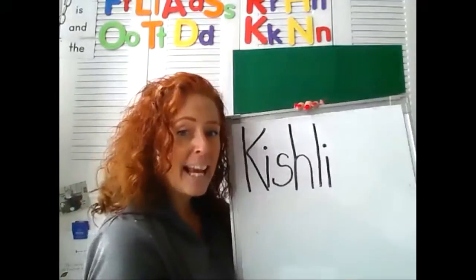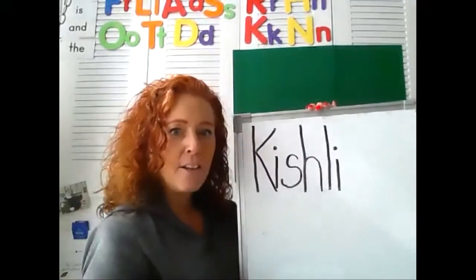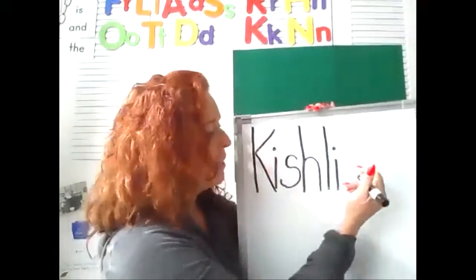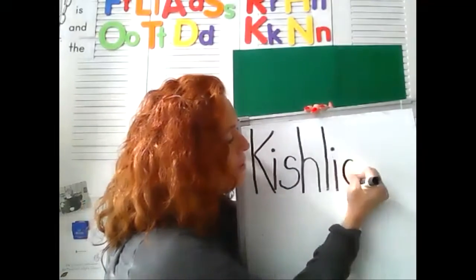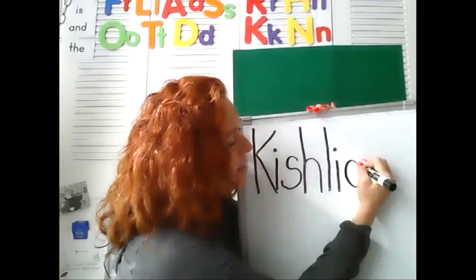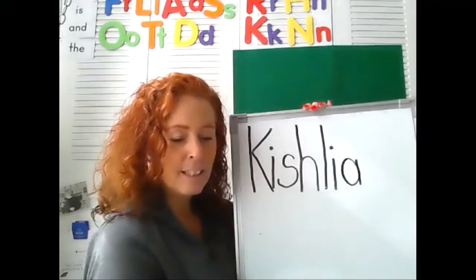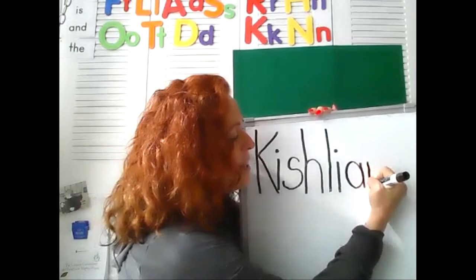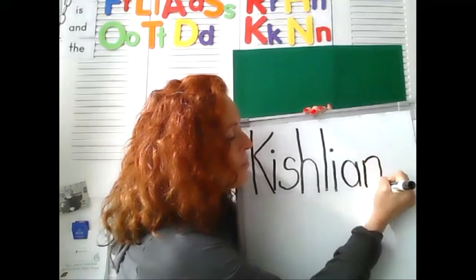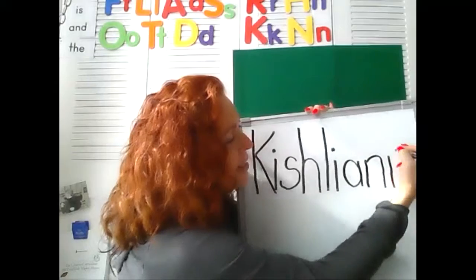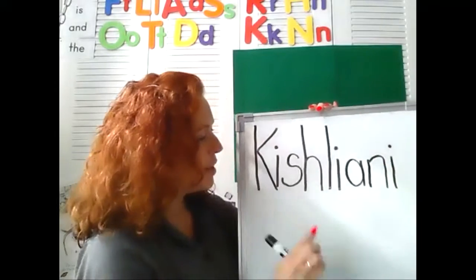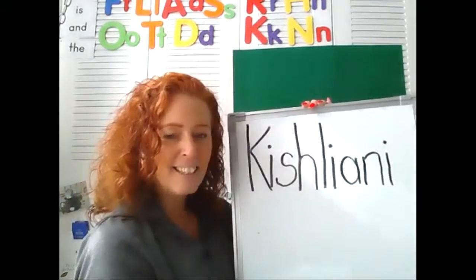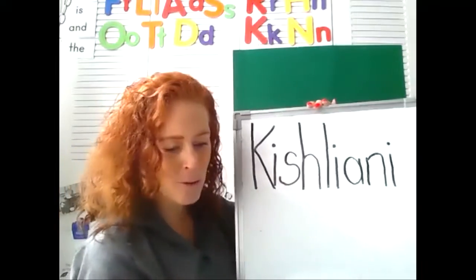We're going to write an A. An A is a circle with a line, so we're going to make a circle and a line. Okay, we're going to make an N. If you guys remember, the N is the line with the half circle. And then one more I, the line with the dot. Kishliani. Look at all those letters that we wrote.